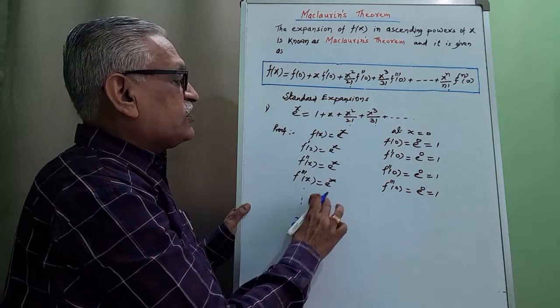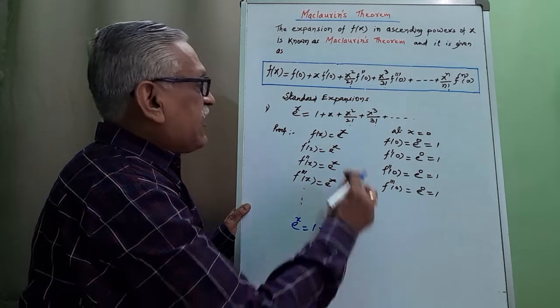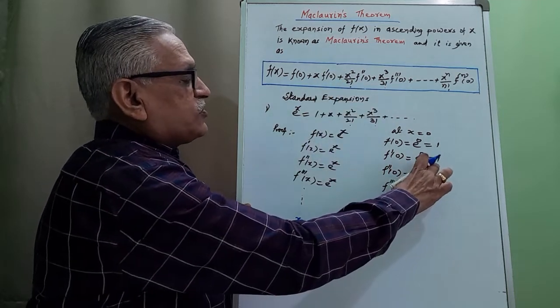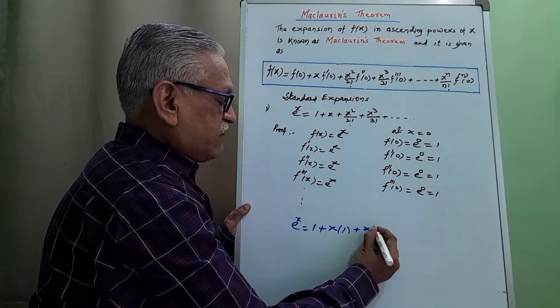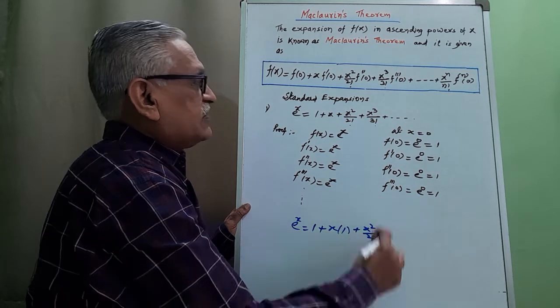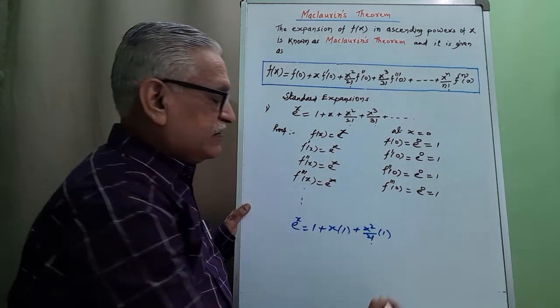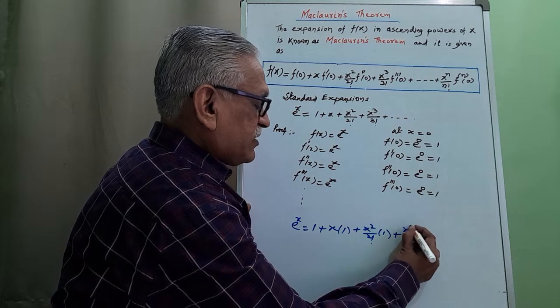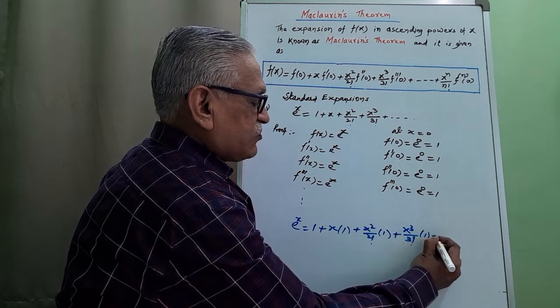First one is f of 0, the value of f of 0 is 1. x into f dash, the value of f dash of 0 is 1. Next one is x square by 2 factorial, f double dash of 0 is 1. Next, x cube by 3 factorial, f triple dash and so on.